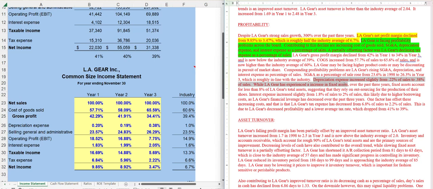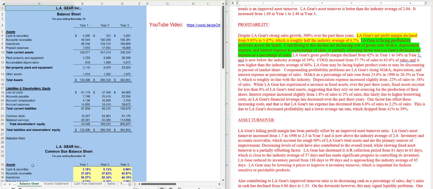And we can also tie that to our fixed asset turnover. We incurred, relatively speaking, a big increase in plant, property, and equipment, which would explain our slight increase in depreciation expense. If we look at our balance sheet, there's net plant and equipment.